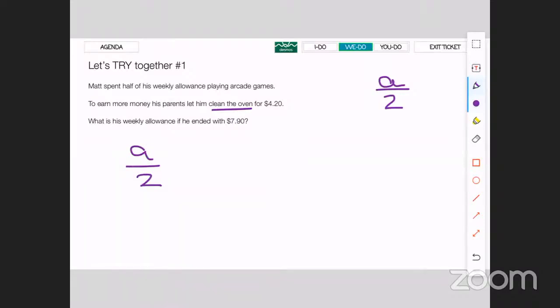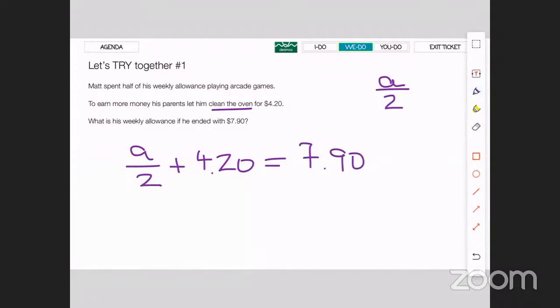He still has it. So you add the money he earned from cleaning the oven, and the last thing is, what is his weekly allowance? That means what is A equal to, if he ended with $7.90 after these two actions. So this is the equation we come up with, then follow the two-step equation steps. But that's not our case right now.